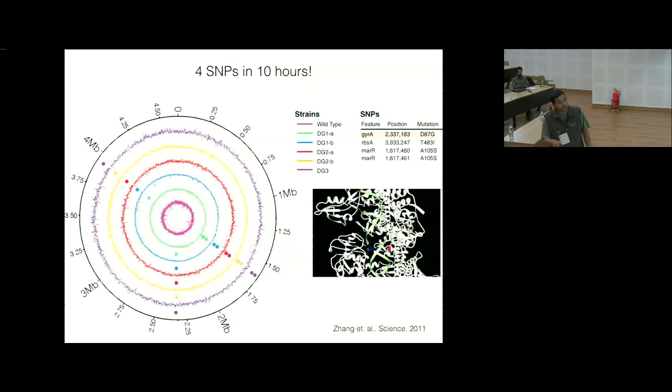And also they found that these SNPs corresponded to 4 different proteins. The most important or interesting of which was a gyrase, right? So this is gyrase A. This protein is what Cipro binds to.